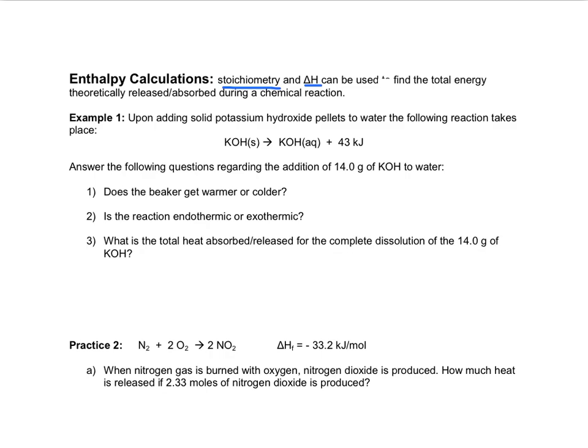In the example, let me show you. We've got this thermochemical equation. It says, upon adding solid potassium hydroxide pellets to water, the following reaction takes place. So we're going to do a little plus water right here, and what we see happen is it becomes aqueous. Really, water is going to split those ions apart into potassium ions and hydroxide ions.